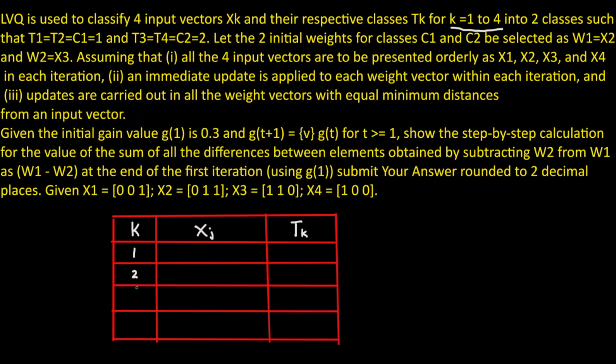So 1, 2, 3, 4, and x1 is 001 for the first one, the second one is 011, the third one is 110, and the fourth one is 100.